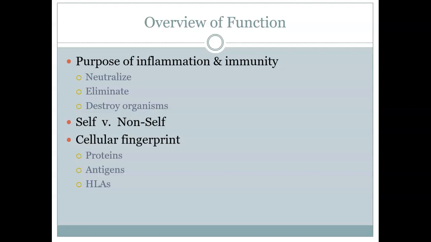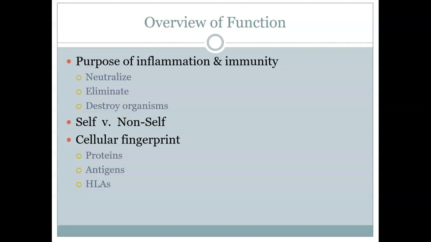So when we have some foreign organism, like bacteria, we could use an example of a staph infection. Let's say you get a cut on your arm, and Staph aureus enters into that cut. Your body sees Staph aureus and determines it's non-self.